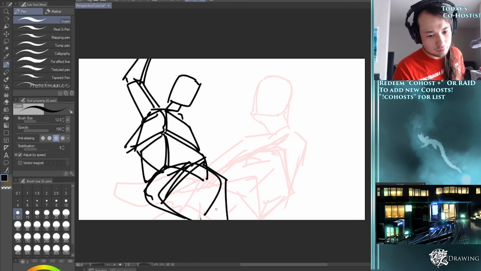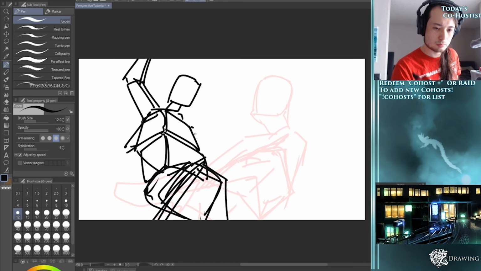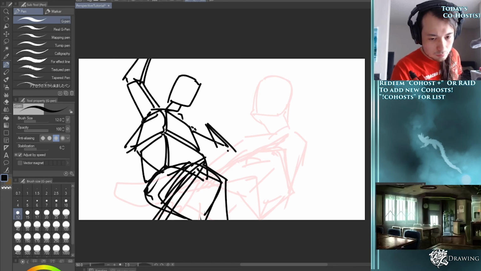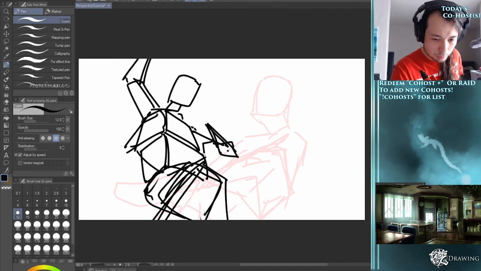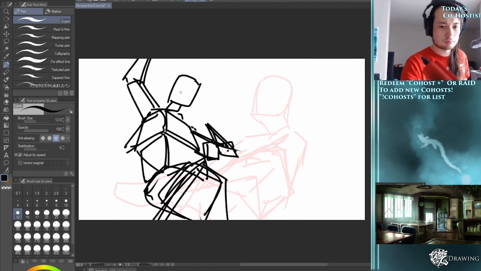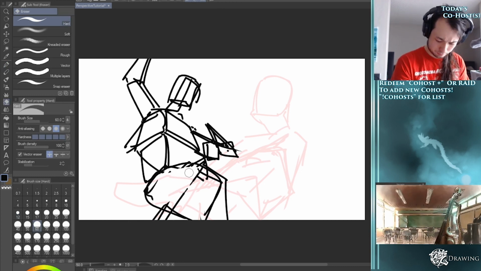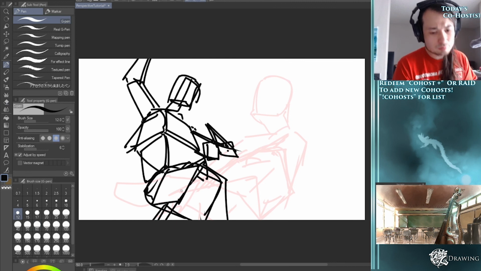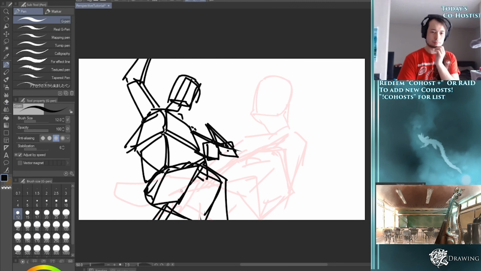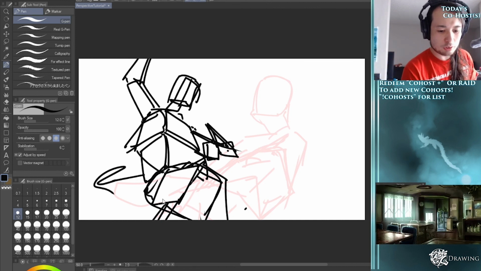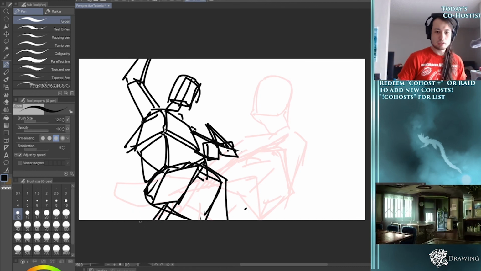Leg, right? A lot of perspective there. Even the hand, maybe it's coming in towards us. And you might at first think, right, but none of these are like converging or whatever.